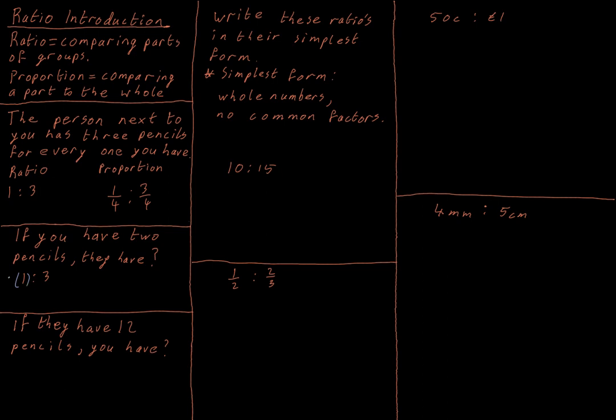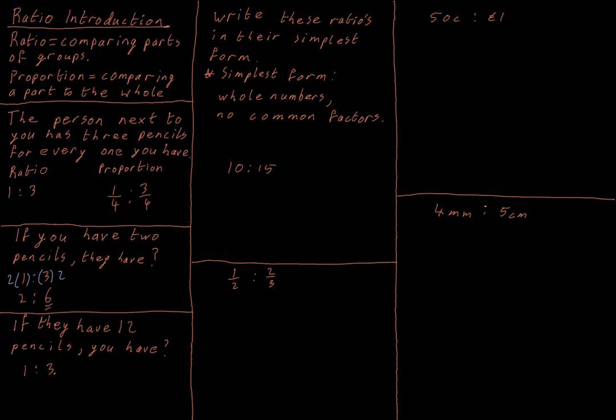So if this is our relationship, if you have twice as many pencils, they should have twice as many pencils as well. So they should have 6 pencils. If they have 12 pencils, how many would you have? Well, we know the relationship is 1:3.